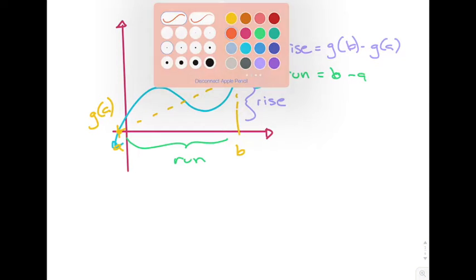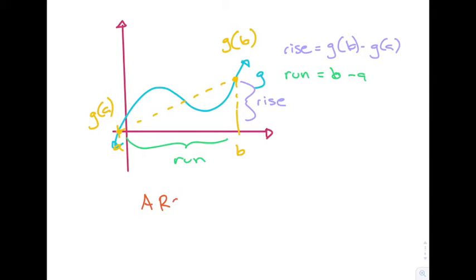So then the average rate of change, you'll see AROC very often. That just means average rate of change. So the average rate of change is g of b minus g of a over b minus a.